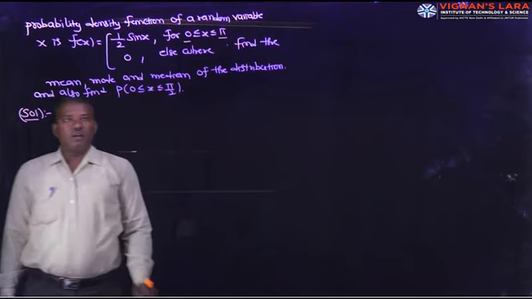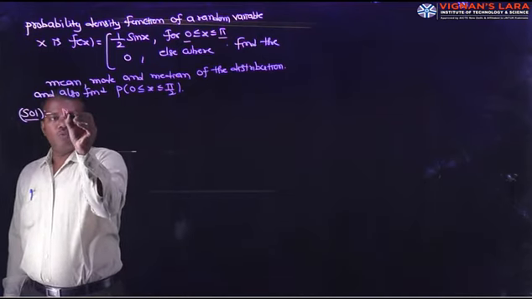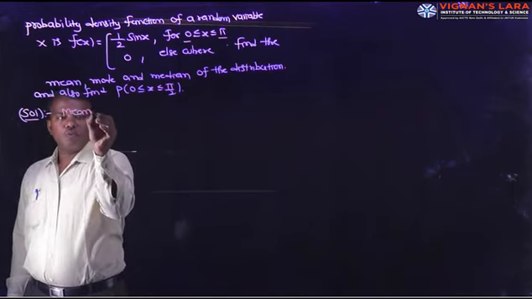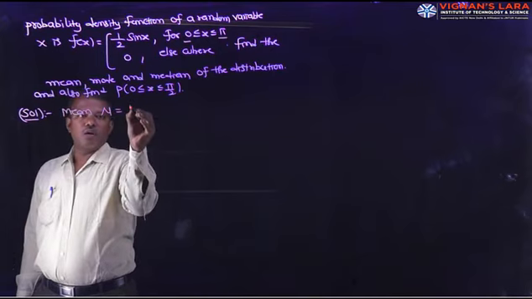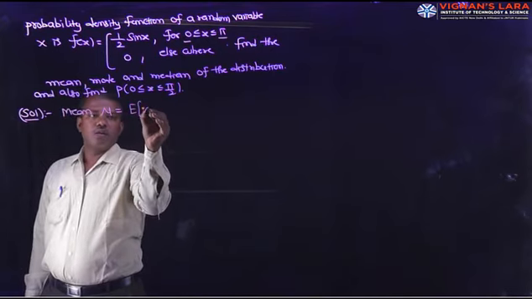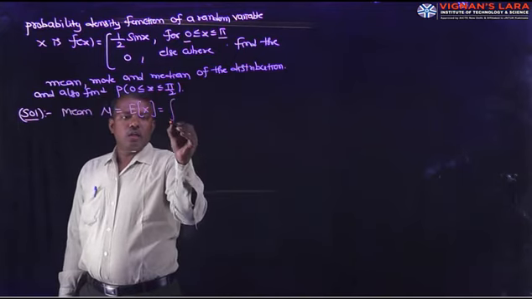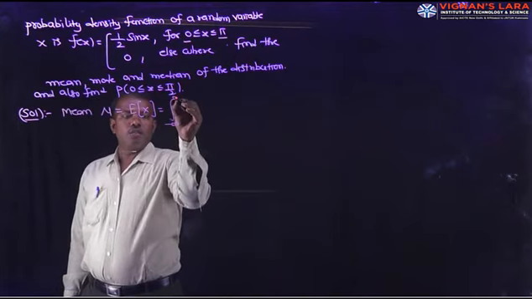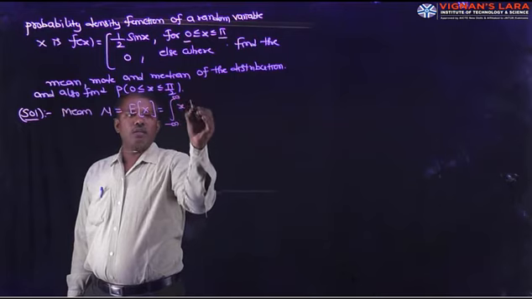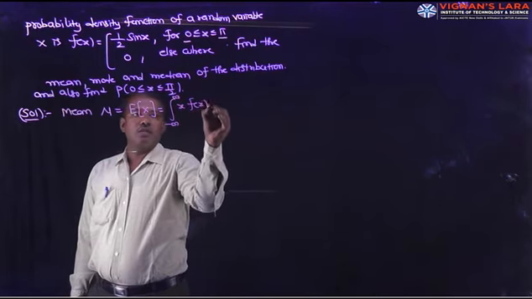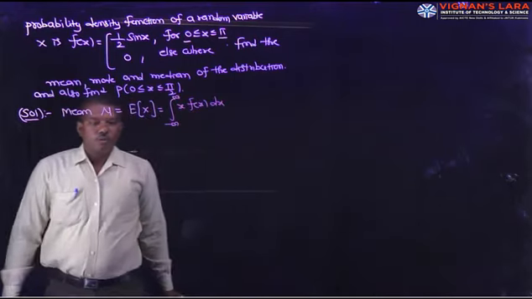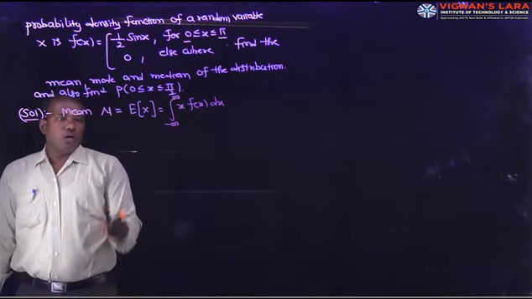So how to calculate the mean? Mean mu, or E of x, is the integral from minus infinity to plus infinity of x f of x dx. But here the lower limit is 0, the upper limit is pi.